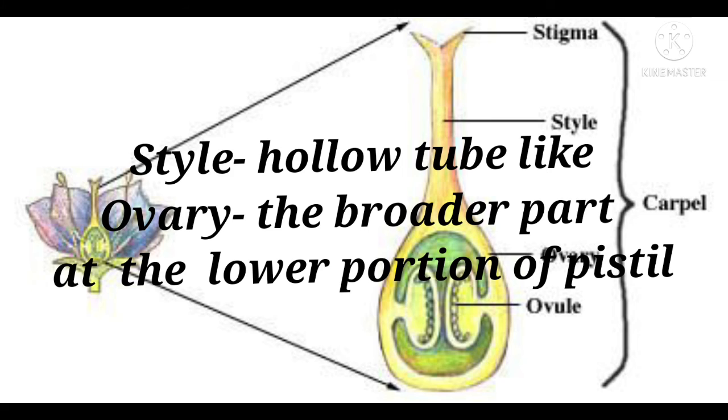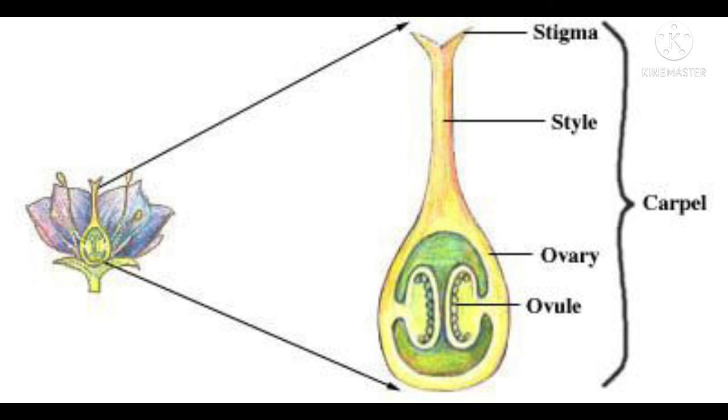As in the picture of this female part, we can see that the upper part is the stigma, which is very sticky, and with the stigma is attached a hollow tube-like structure called the style, and the style is connected to the ovary. The female part pistil is also known as carpel or gynoecium, and the male part stamen is also called androecium.